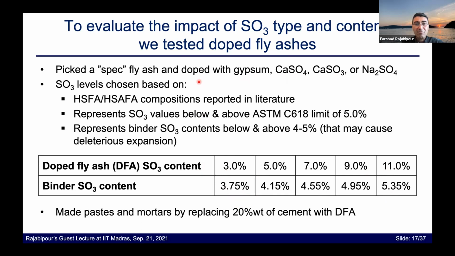These SO3 levels were chosen based on the reported SO3 contents of off-spec fly ashes in the literature, and they represent SO3 values both above and below the ASTM limit of 5% in the fly ash. They also represent SO3 contents above and below 4 to 5% of the binder, the total cement plus fly ash, which can cause deleterious expansion.